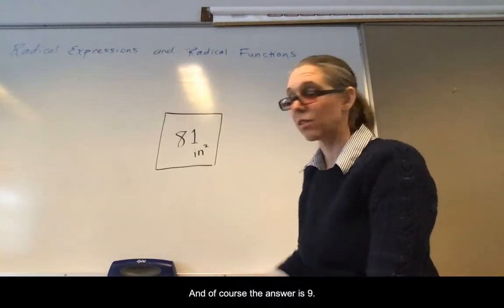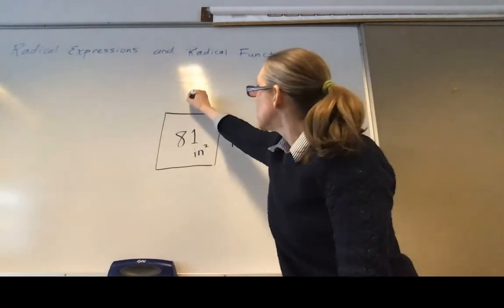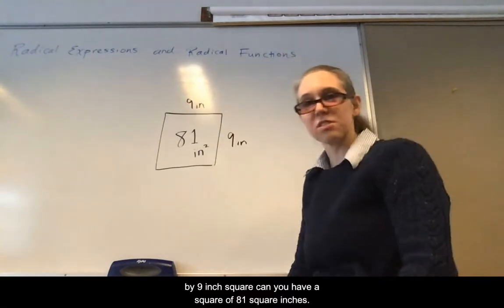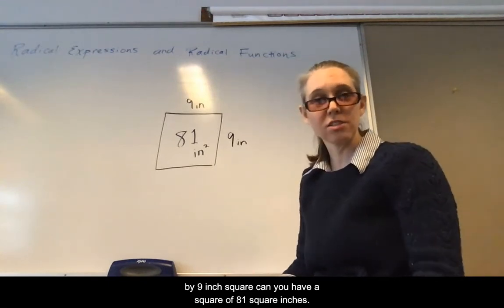And of course the answer is 9, right? So if you have a 9-inch by 9-inch square, then you have a square of 81 square inches.